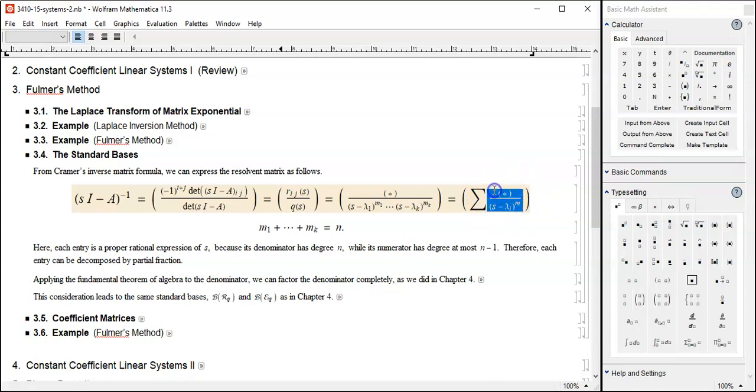And then if I take the Laplace inversion of this, what do you think you're going to get?